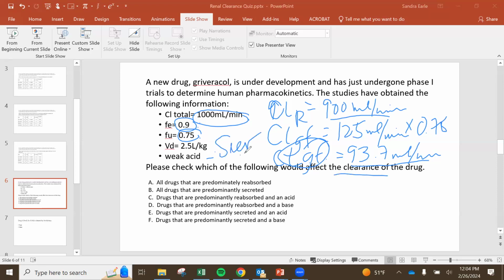So which is going to affect the clearance? Well, it's going to have to be a drug that's primarily secreted, but remember, the secretion carrier sites are specific to whether it's a weak acid or a weak base. So it's going to be drugs that are predominantly secreted and an acid. So that's this one here, right? So it's not going to be all drugs predominantly reabsorbed.